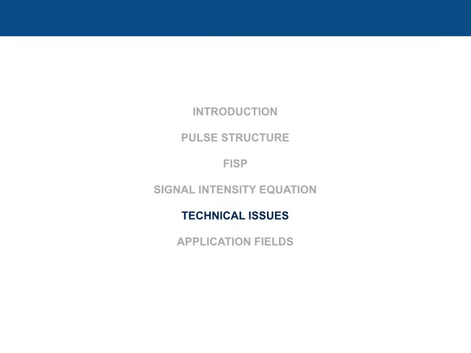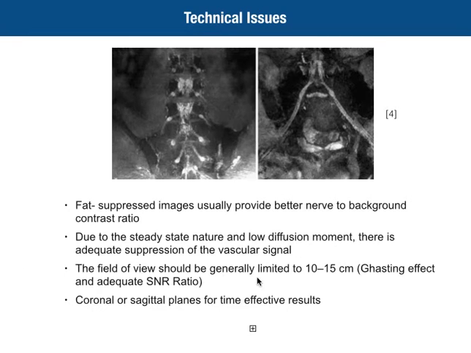And there are a few technical issues with the pulse sequence. Generally, what we are trying to do is to suppress fat as much as possible, and in PSIF, fat suppressed images usually provide a better nerve to background contrast ratio, and due to the steady state nature and the low diffusion moment, there's adequate suppression of vascular signals.